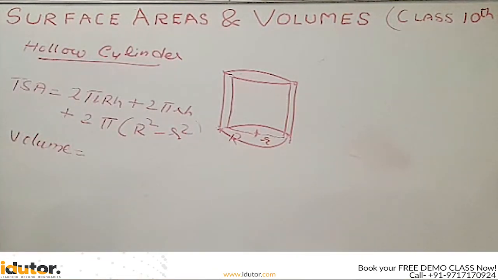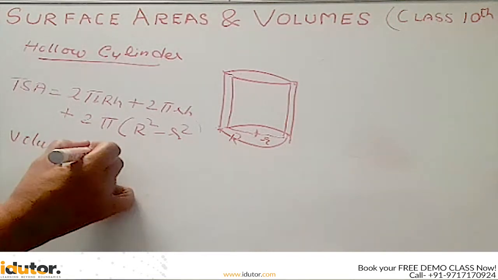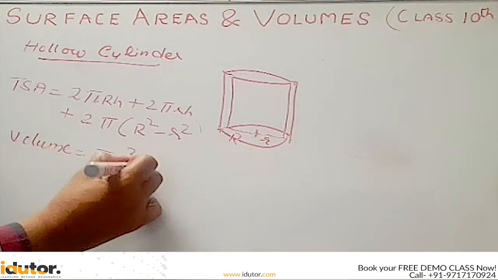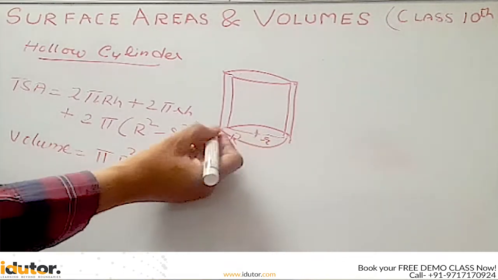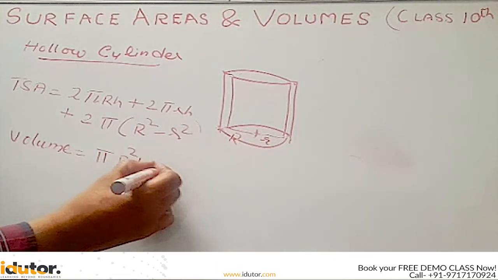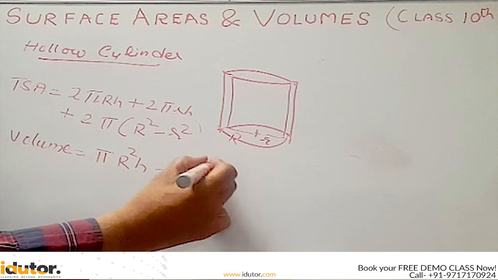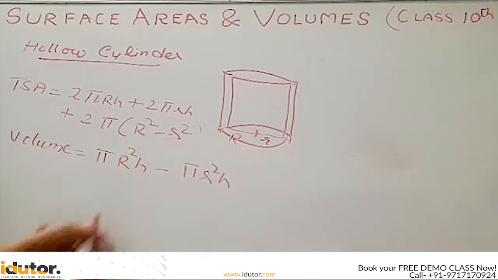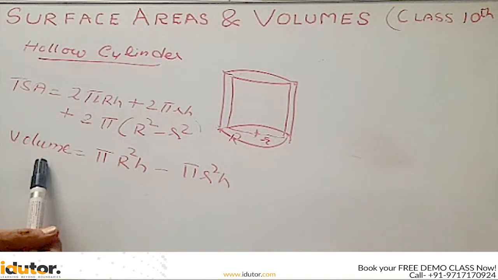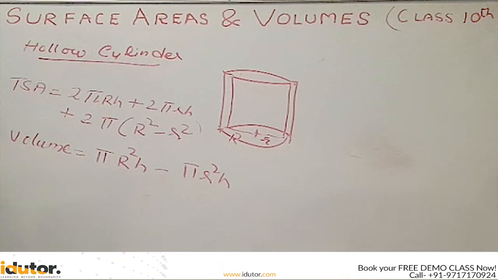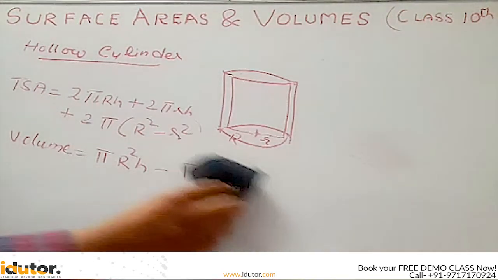So it will be the difference between pi R square h, the capital R, which is the bigger radius, and minus small radius pi r square h. We have to find out the difference between them. So this will show us the volume of the hollow cylinder. Is it fine, friends, students? Okay. So let us go to the next topic now.